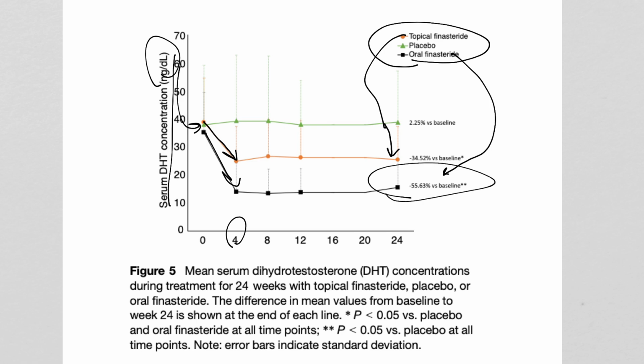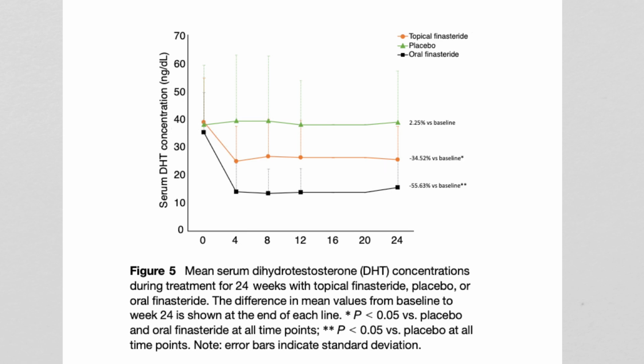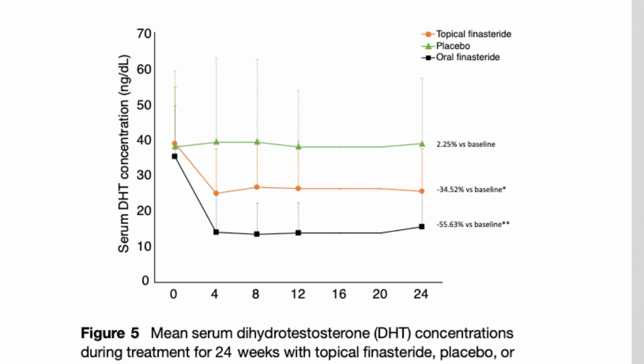Another thing to point out is the error bars on this are gigantic. So notice these green lines coming up out of the placebo, orange lines here, black lines. Those are error bars showing you that there is an enormous range, which means that some people at baseline had levels that were in the 60s, and other people at baseline probably had levels down here in the 20s.